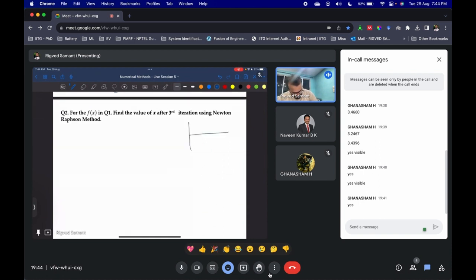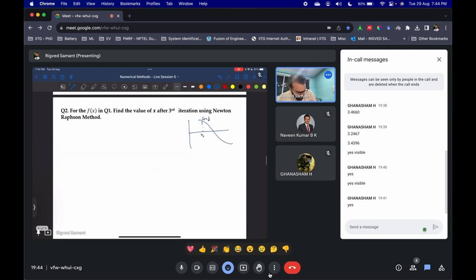Concept wise, you consider first x1, f of x1, if it's 0, sorry, then you consider a slope to this, it will cut at some point, right? This will be your x1, and this is your f of x1.